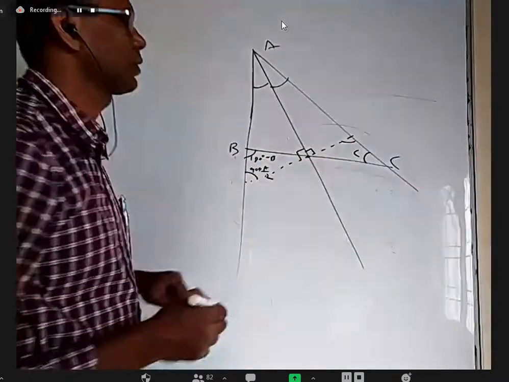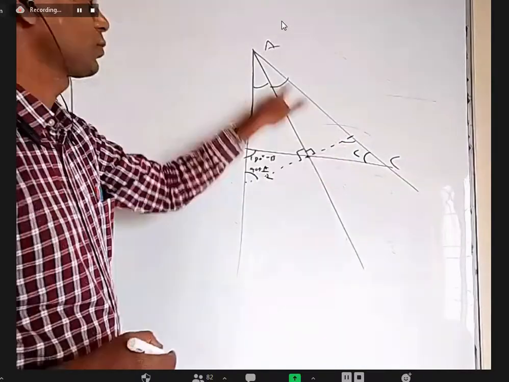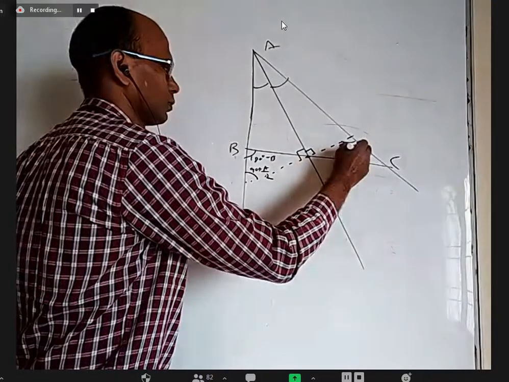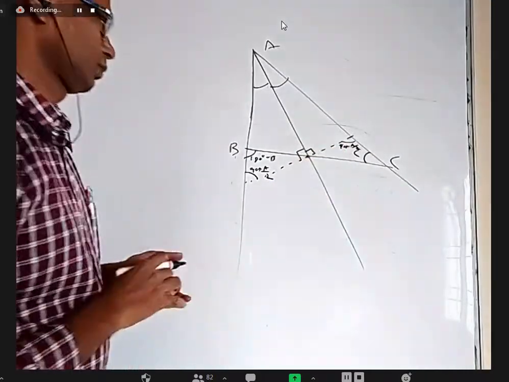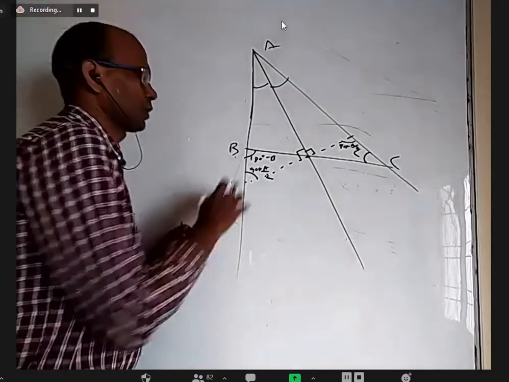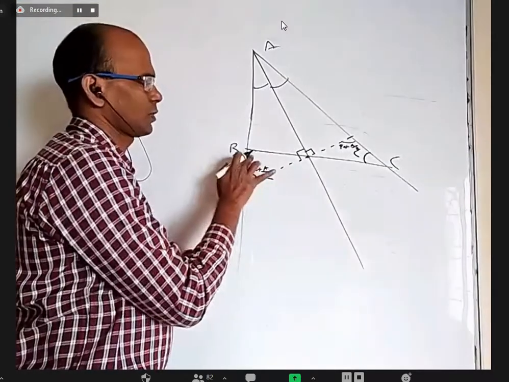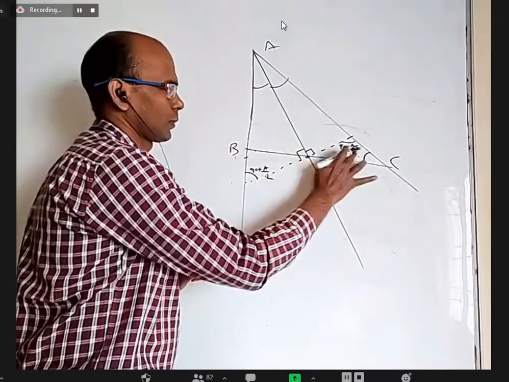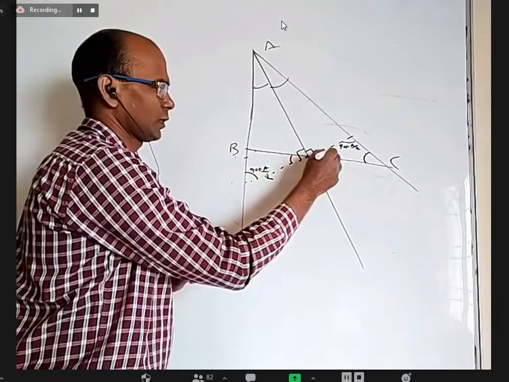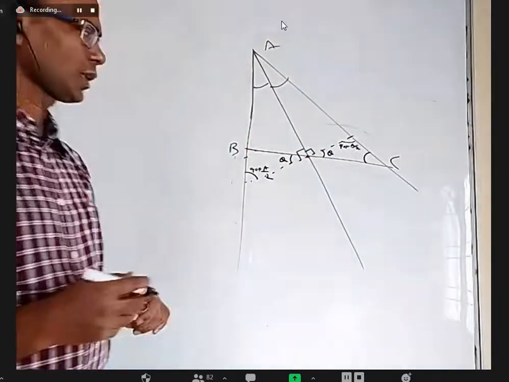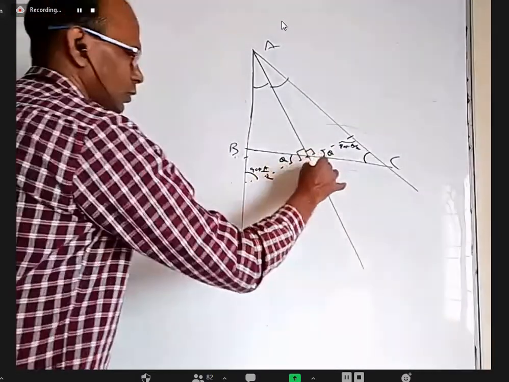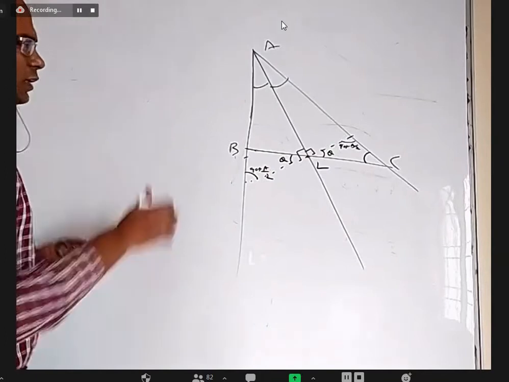What is this angle? The exterior angle is also 90 plus A by 2. Maybe this angle is not important. This angle and this angle are equal, theta and theta, vertical opposite angles. So they are similar triangles. What I'm doing may not be so nice, I'm just trying something.